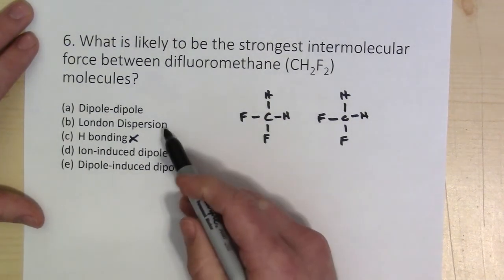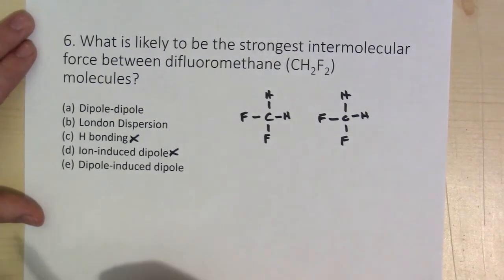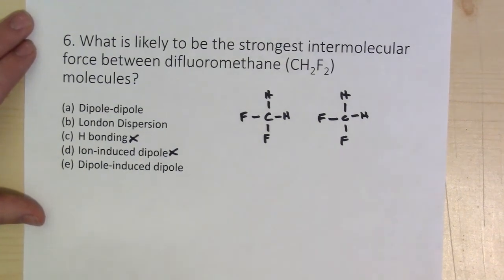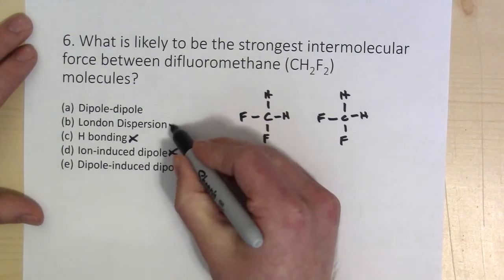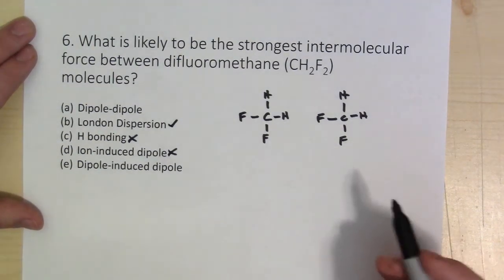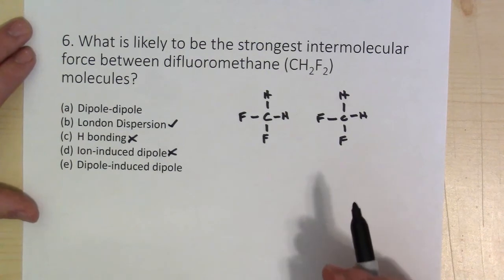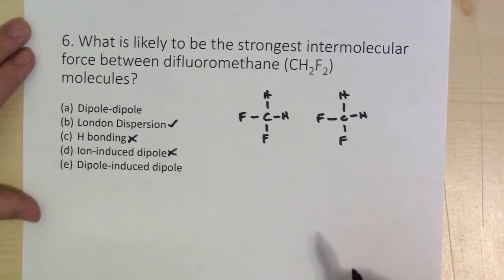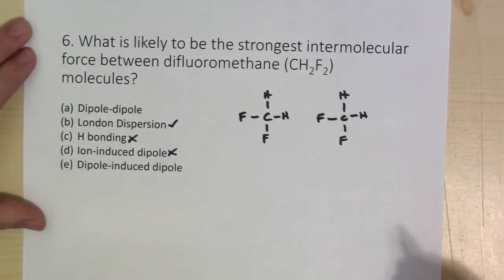So London dispersion are induced dipole forces. Those are going to be present in any molecule, so that is something that will be a possibility. And then we need to determine whether there's going to be a dipole in this molecule, which would of course mean there's a dipole in this molecule as well.